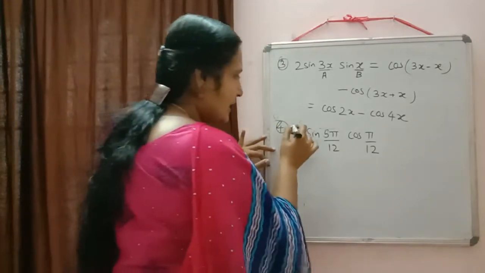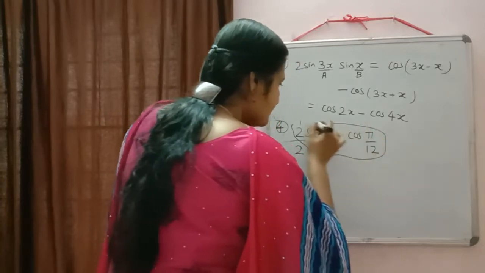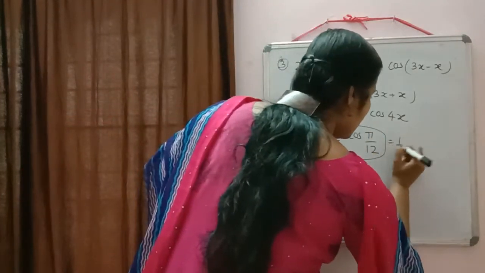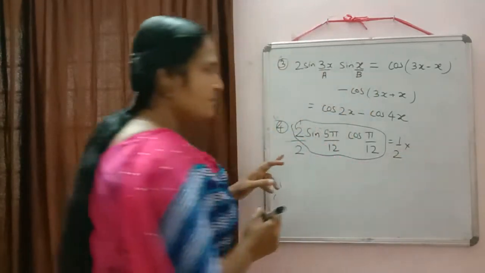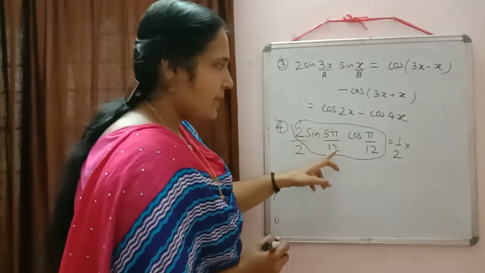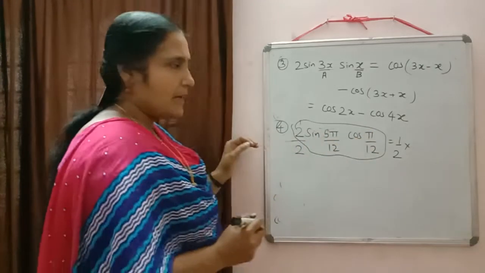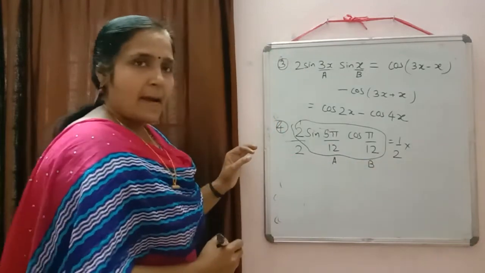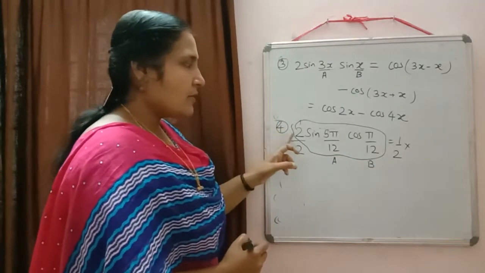And which one did we need? We need this one, so this one will remain alone there. So it will be equal to 1/2, we will write here only. Remaining we have 2 sin 5π/12 into cos π/12. So consider this as A and this as B. What will come according to the formula?